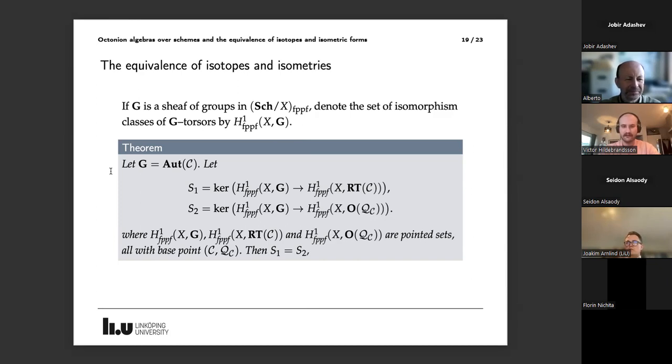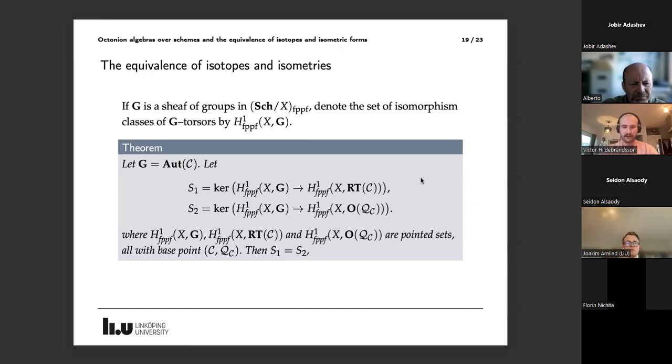And then we define these sets S1 and S2 to be the kernel. These first cohomologies will be pointed sets, and then we have a well-defined kernel. So we can define these S1 and S2.